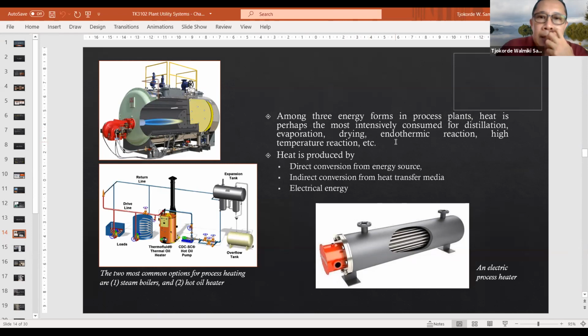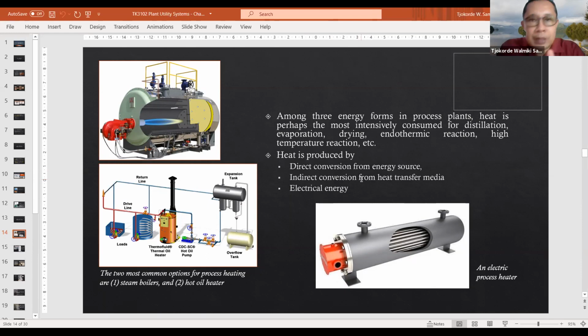Heat is produced by direct conversion from an energy source, for example fuel combustion. Or by indirect conversion from a heat transfer media, meaning there's a second fluid or material that transfers the heat from the heat source to the point of use of the thermal energy.